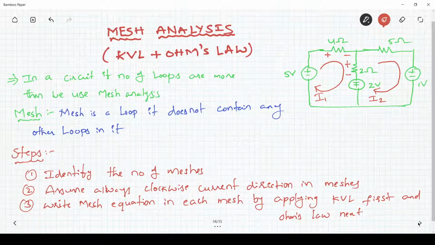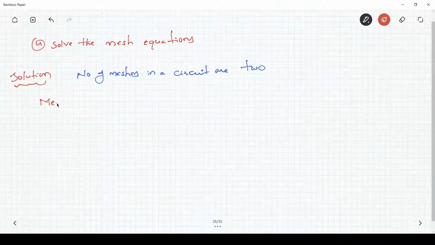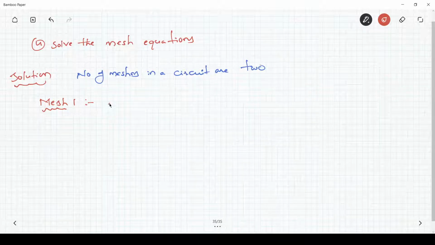So I am writing the mesh equation for mesh 1. Assume I1 greater than I2.